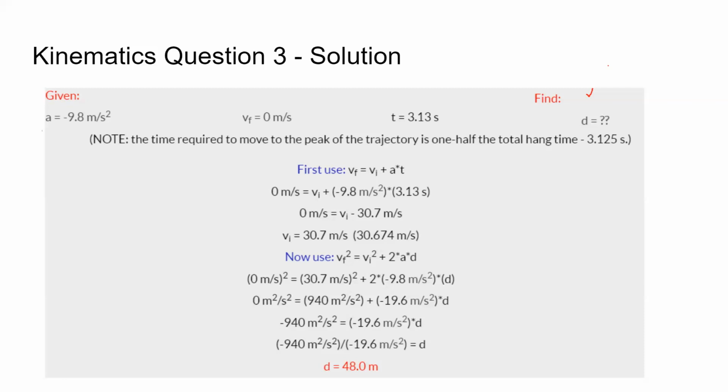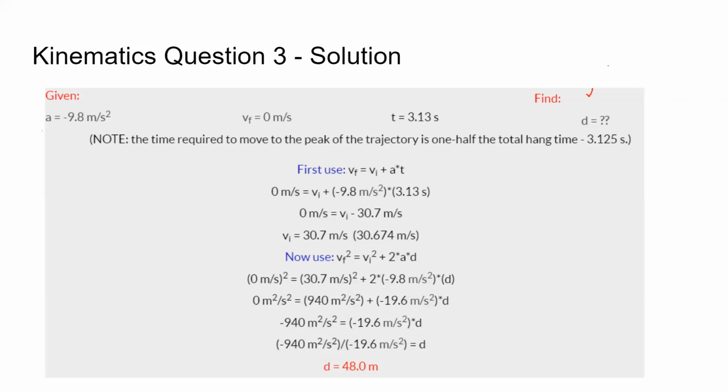And then the final velocity, similar to the last question, will be 0 meters per second at its maximum height. And then the time, half of the total given time, is 3.13 seconds.